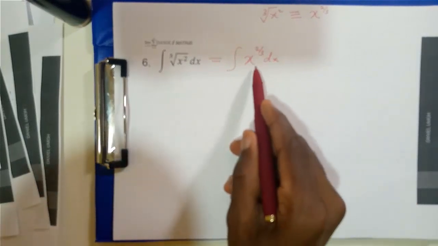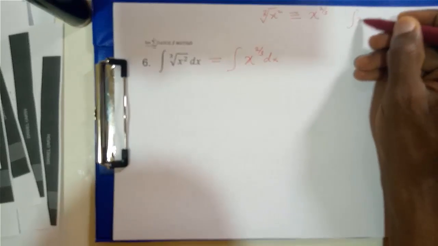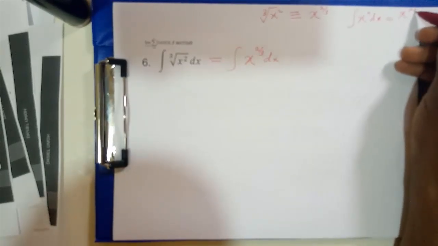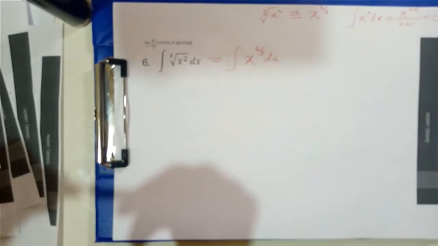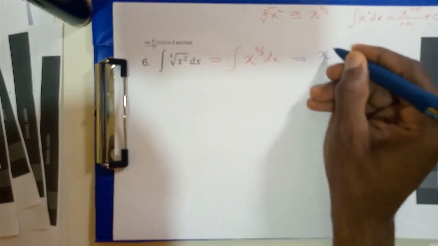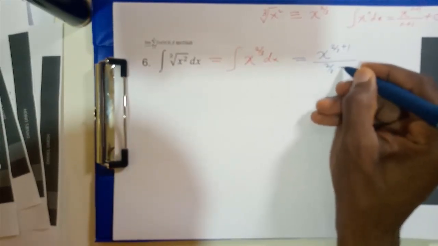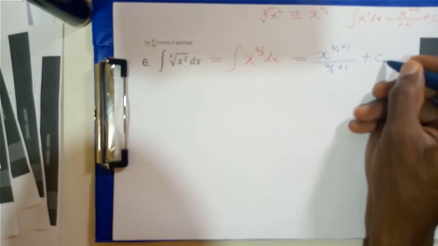Now, when we integrate this, remember our rule of integral: x raised to the power of n dx is equal to x^(n+1) over n plus 1 plus c. On solving this, I will have x^(2/3 + 1) over 2 over 3 plus 1, plus the constant of integral.